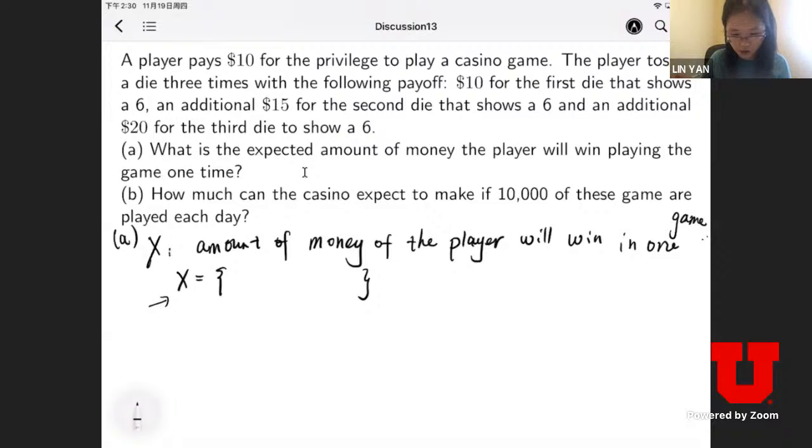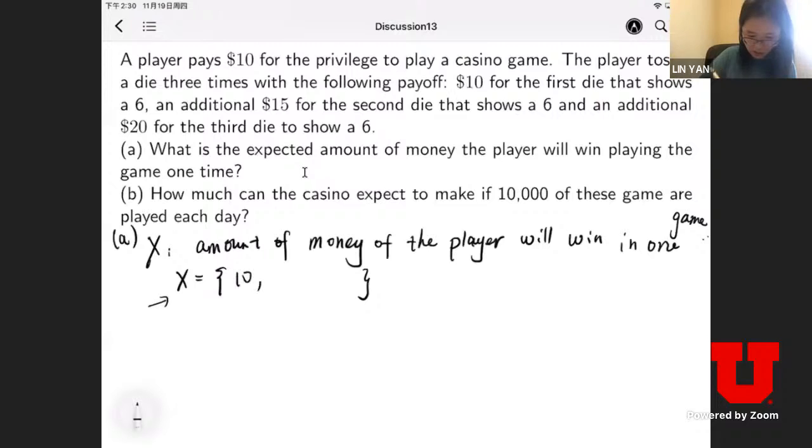Yes, thanks for Parker's answer. So it can be 0, 10, 25, or 45.